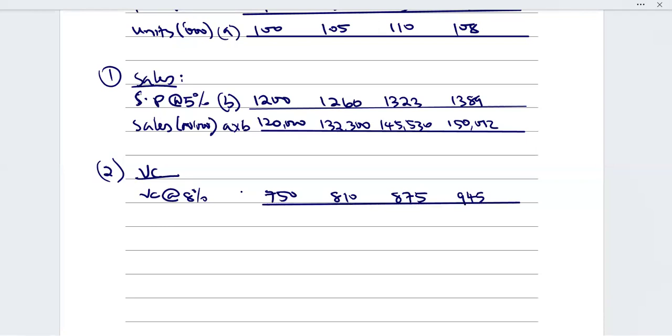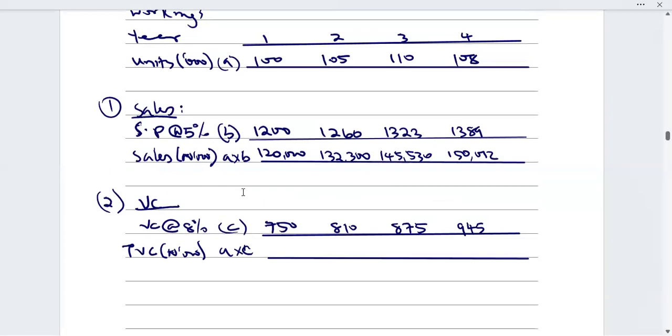So I need to get the total variable cost, with figures in thousands. So this is C, therefore A multiplied by C. So 100 multiplied by 750 is 75,000. Next, 85,050.